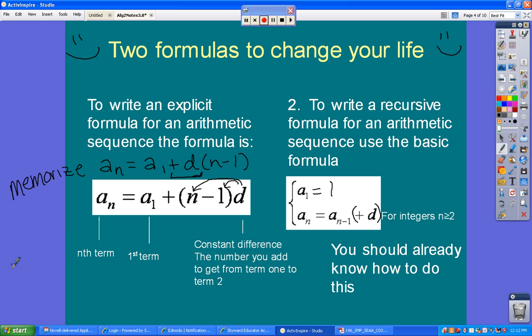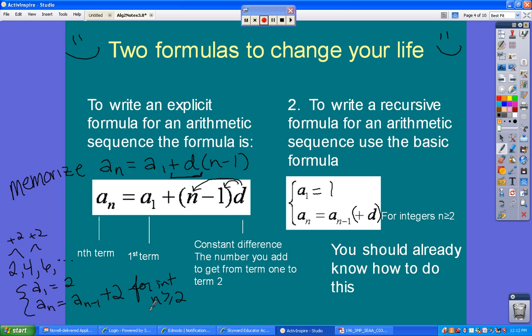Okay, so let's go back to the 2, 4, 6 one. If I wrote it as a recursive, we know this. A sub 1 equals 2. A sub n is a sub n minus 1, the one before it. What am I doing each time? Adding 2. And then we say for integers n greater than or equal to 2.